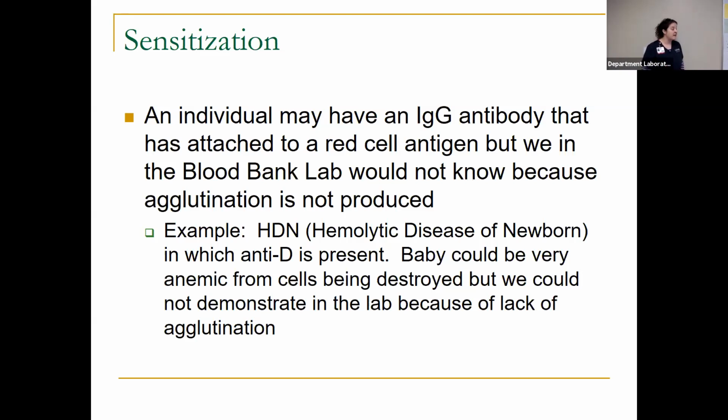Mom's spleen is going to take those cells out. Baby's going to be in respiratory distress. It could end up in an early delivery or an intrauterine transfusion. The thing you have to understand is, if this is occurring, if mom's antibody is attaching to baby cells, anti-D is an IgG antibody. It's very antigenic.